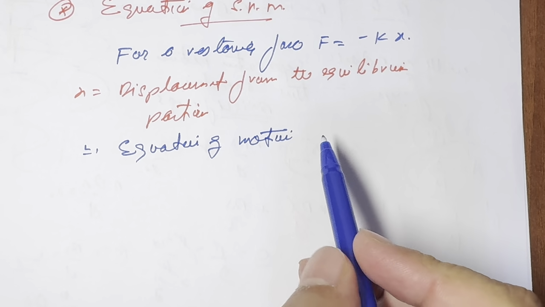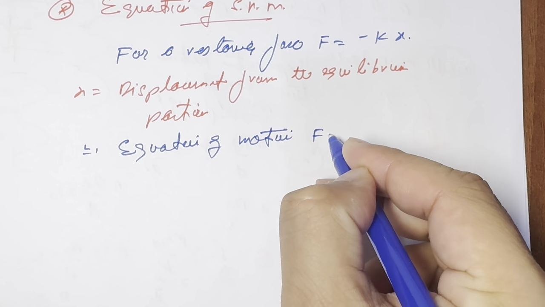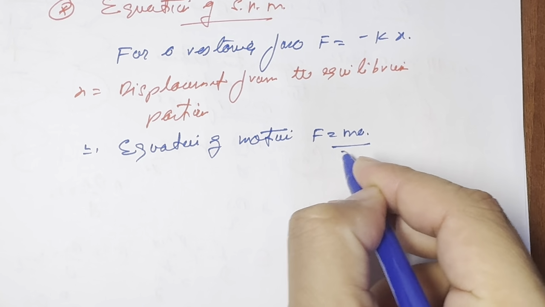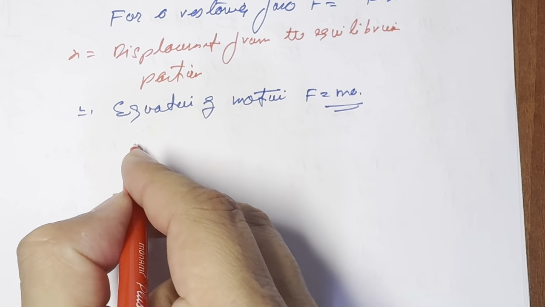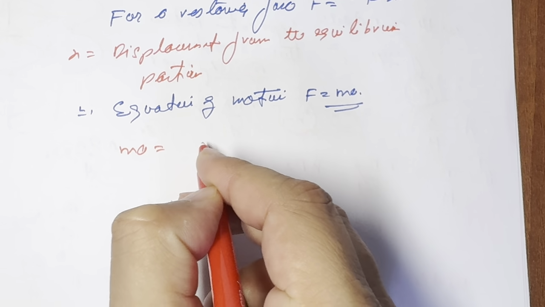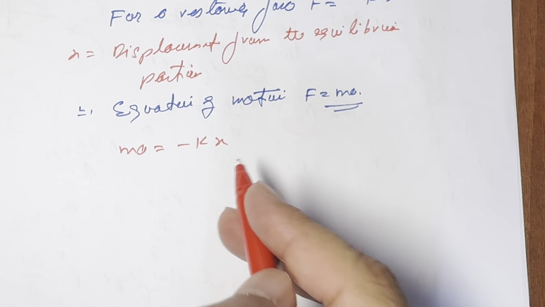we can write that F will be equal to mass into acceleration. So substituting, we get mass into acceleration is equal to minus kx, and acceleration we can write as the double derivative of our displacement x.